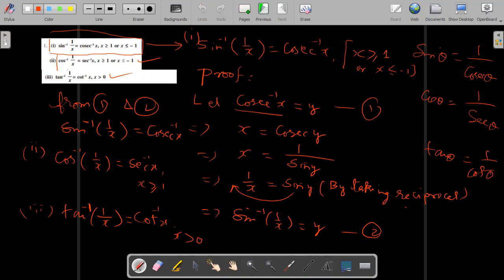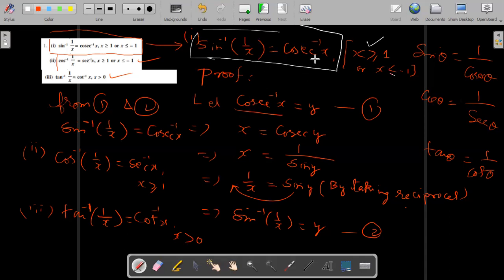The first formula is here, under the condition that x is greater than or equal to 1, or x is less than or equal to minus 1. These conditions will always be followed, otherwise the formula will not be applicable. In your course, it is not given out of the conditions, so the conditions will be followed.